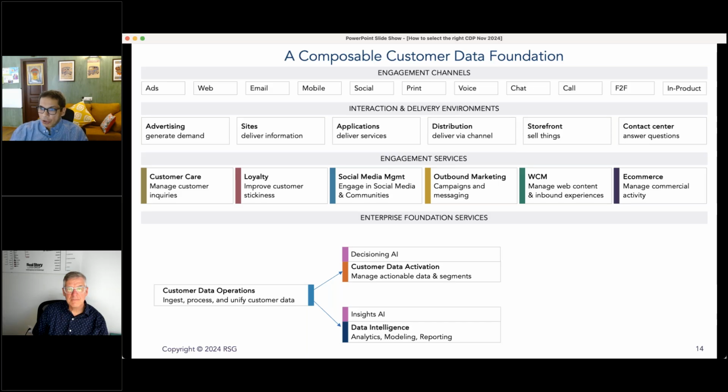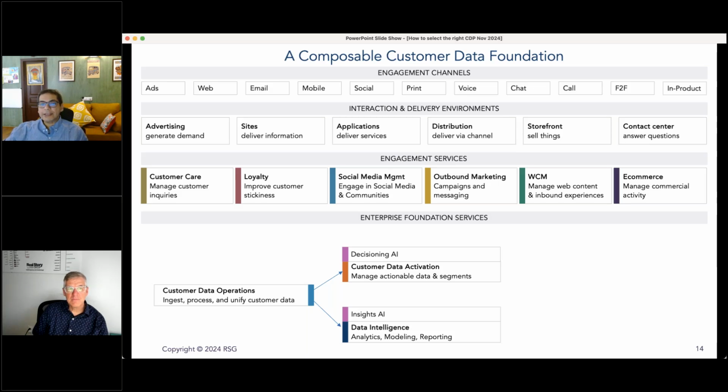Now together, all these three functions, data ops, activation, and intelligence, need to work seamlessly. And a truly composable customer data foundation requires a clear understanding of these three distinct functions and how they interconnect with each other. So when selecting a CDP, you need to assess your capabilities in terms of data ops, activation, and intelligence in an integrated yet flexible manner.